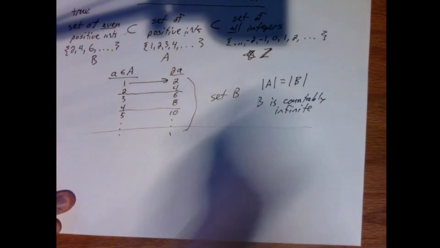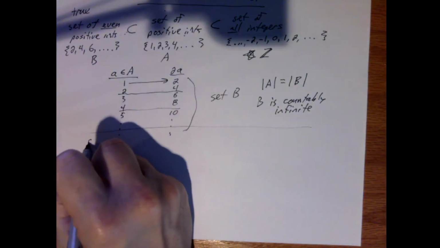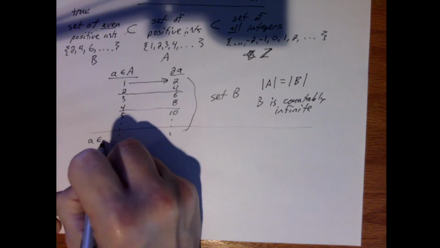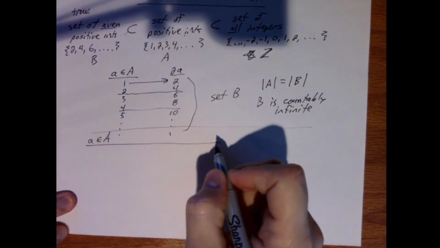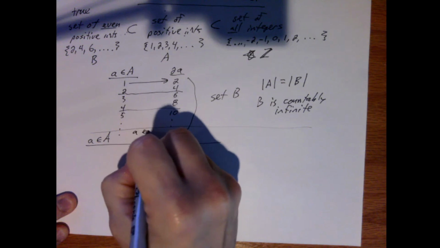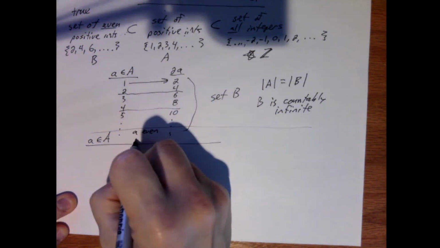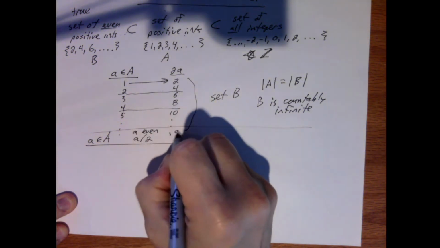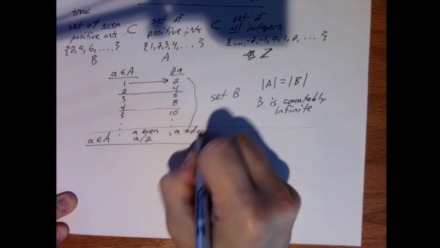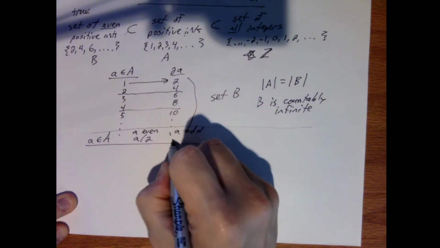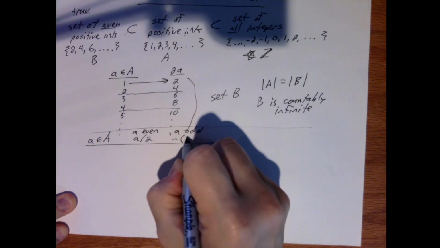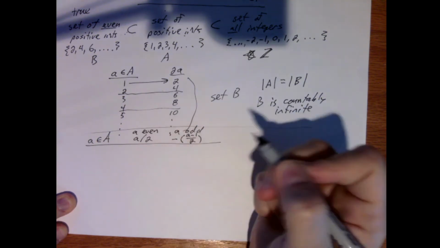What about set Z? Okay, so once again, if I have little a is an element of set A, and if a is even, I'm going to produce a divided by 2, and if a is odd, I'm going to produce the negative of (a minus 1) divided by 2.